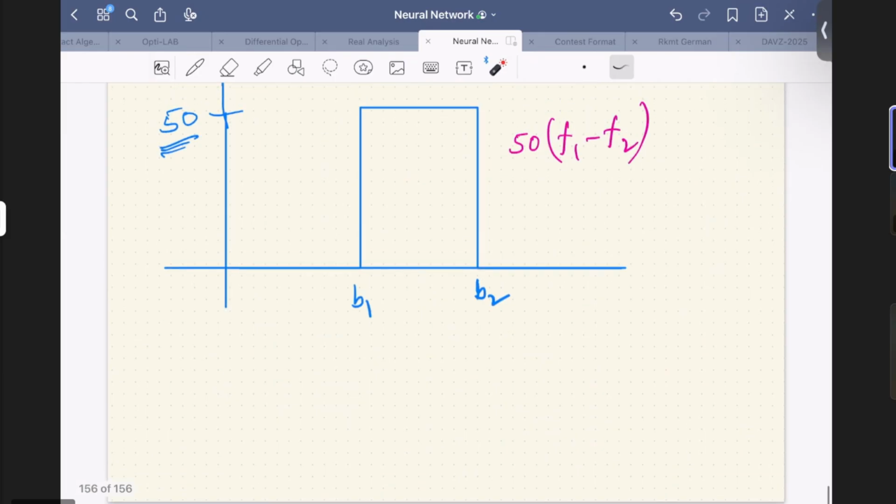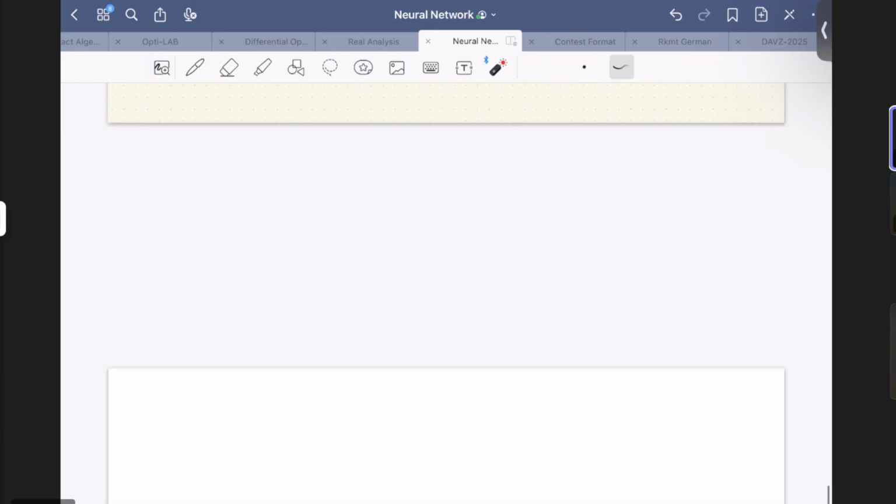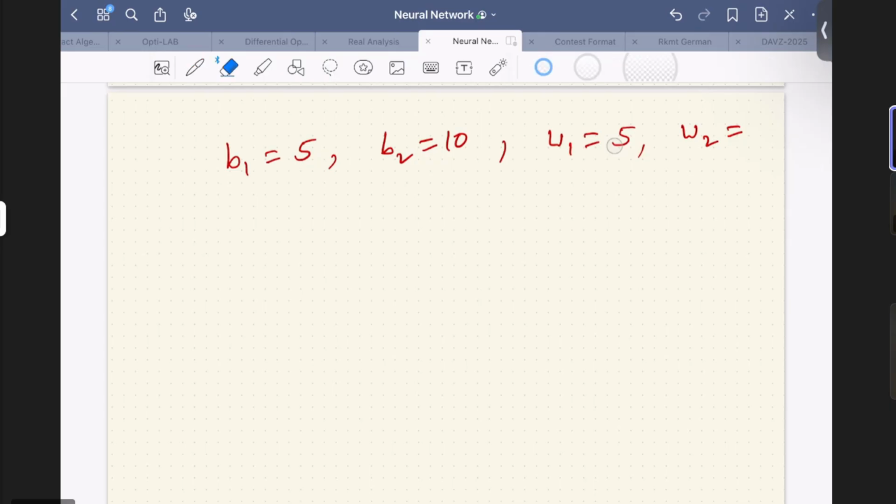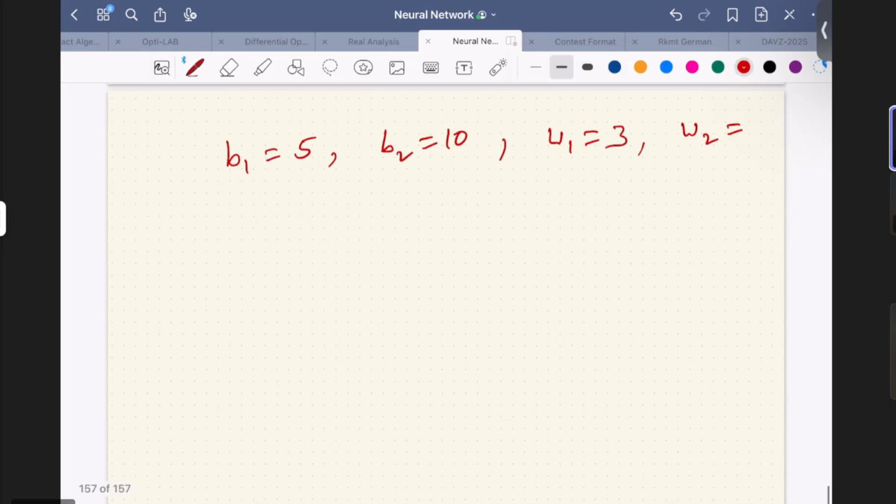Let's substitute. If you choose b1 equal to 5 and b2 equal to 10, and w1 equal to 3, w2 equal to 6.